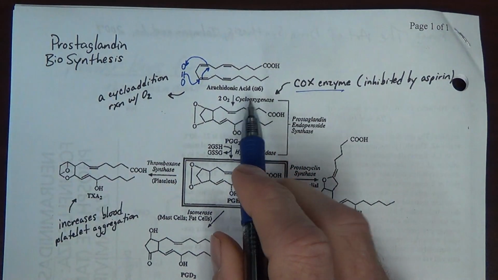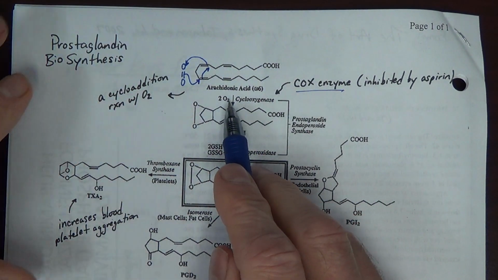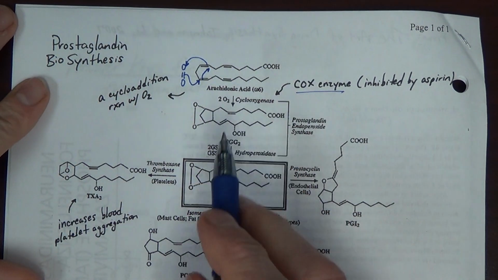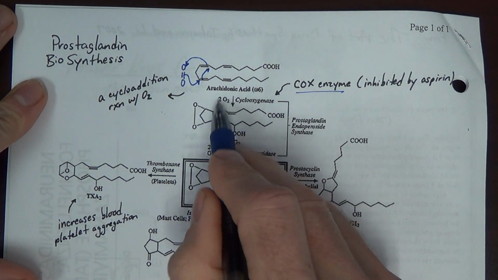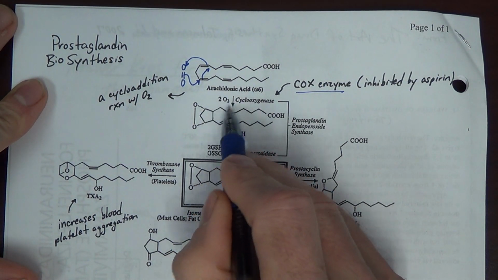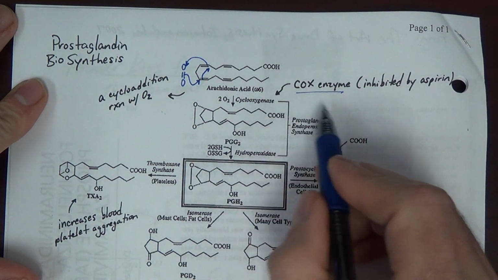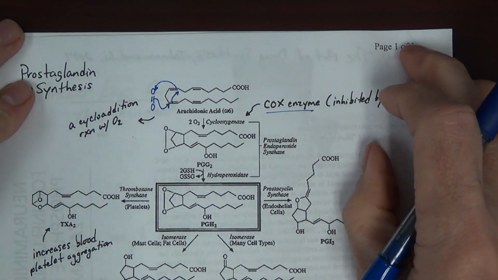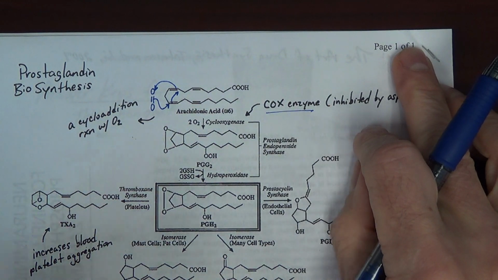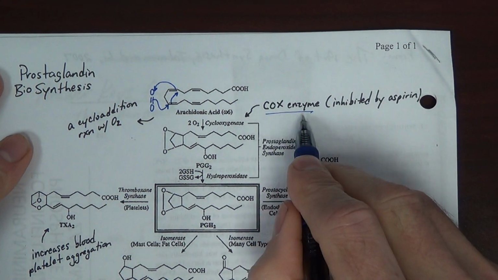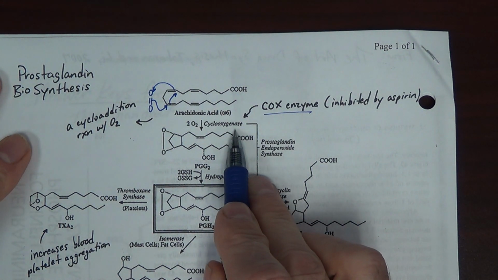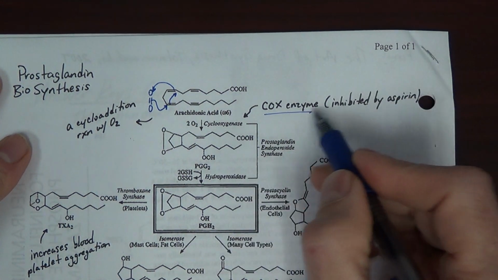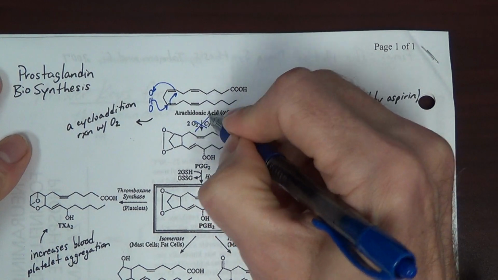But this reaction requires oxygen, so that's one reason we have to make sure we breathe, okay, to get oxygen for many reasons. But it's also catalyzed and promoted by the COX enzyme, the cyclooxygenase enzyme. And if we inhibit the enzyme, we'll stop this conversion.